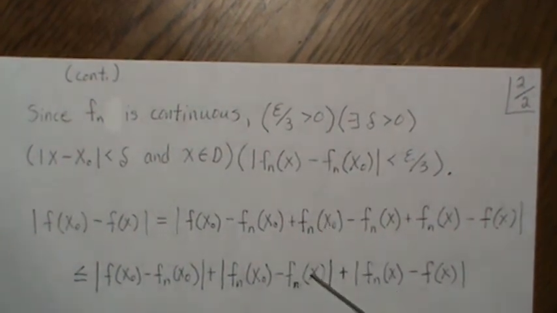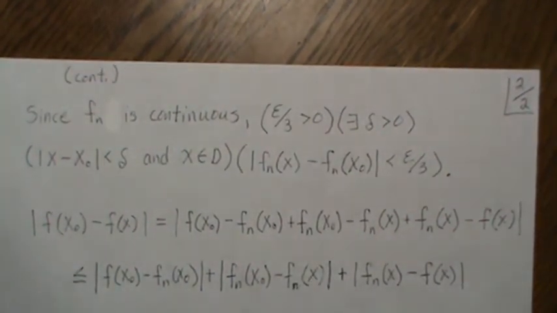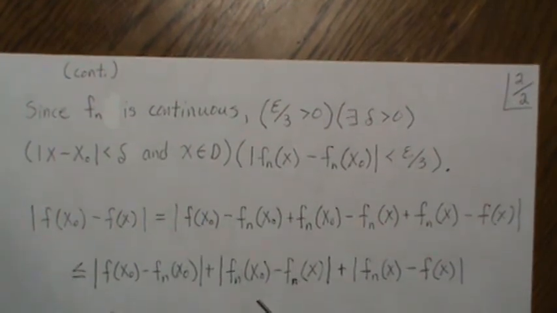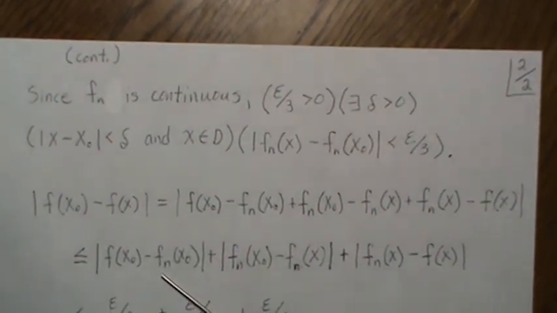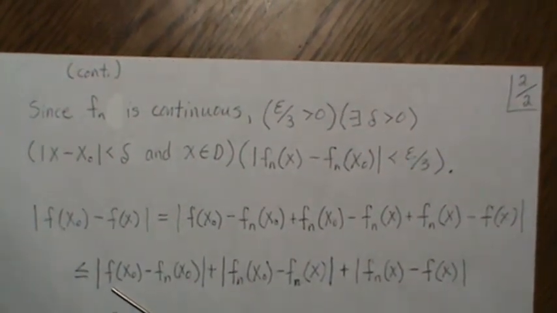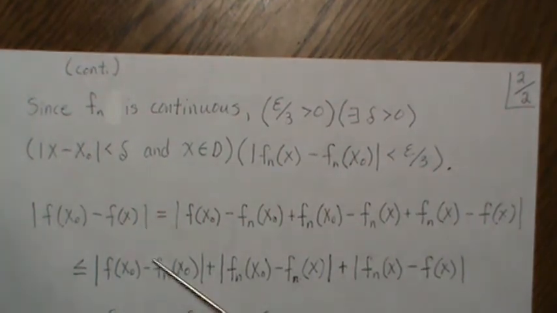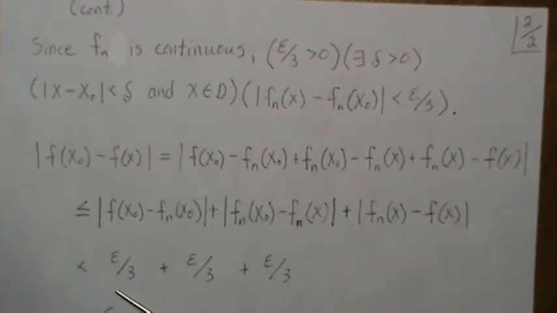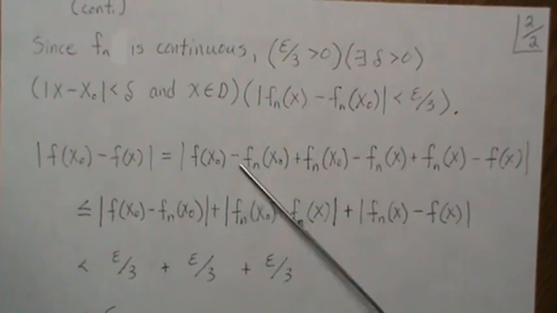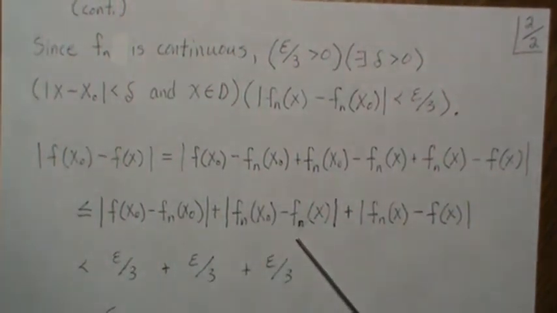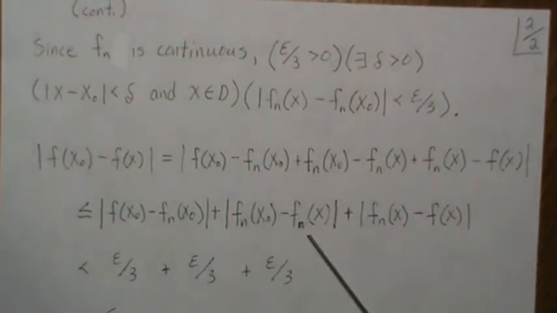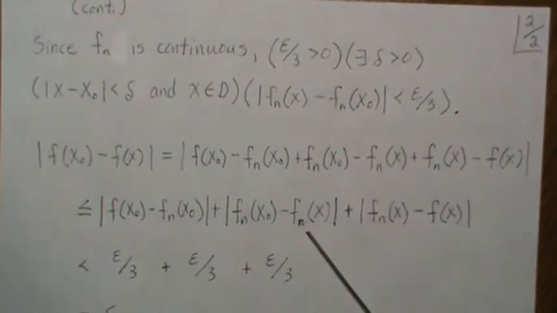Now this next step is crucial. Notice that f is the uniform limit of f of n, right? So this gets really small, say less than epsilon over 3. We showed that. Now, f of n is continuous, right?